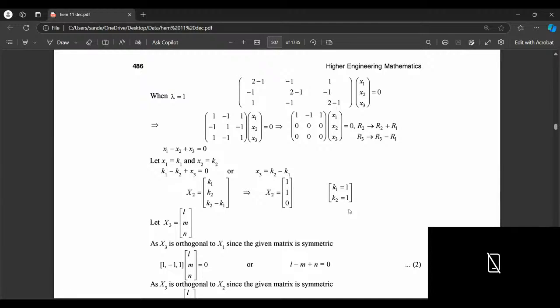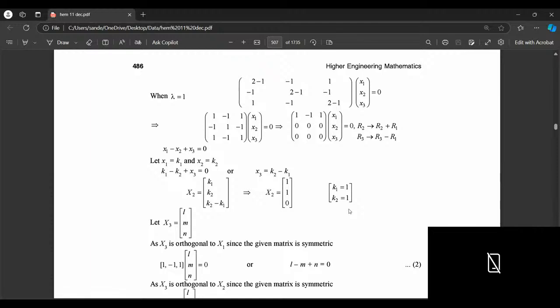If we choose k1 equal to k2 equal to 1, or you may choose k1 is 0, k2 is 1, or k2 is 0, k1 is 1, you can take any one.